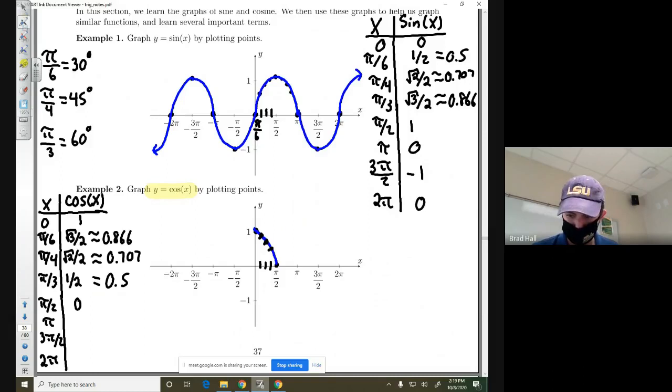So when you plug in pi, you get -1 down here. You plug in 3 pi over 2, you get 0. If you plug in 2 pi, you just get 1.